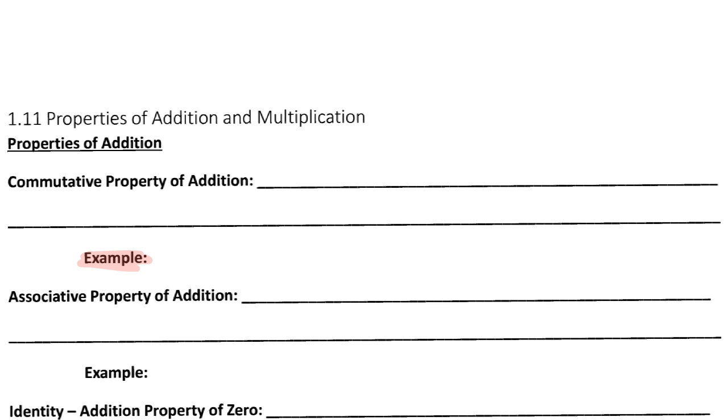So the commutative property of addition is when you change the order of the numbers that you're adding, but it doesn't actually change the sum.